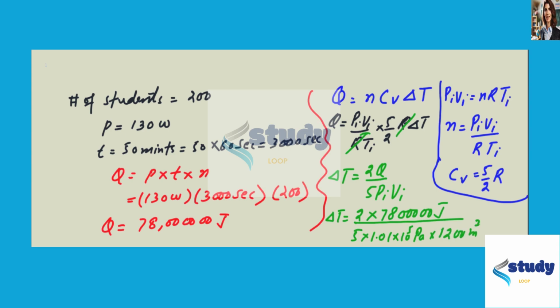This gives us delta T equal to 75.5 Kelvin. So this is the rise in temperature of the air inside the room.